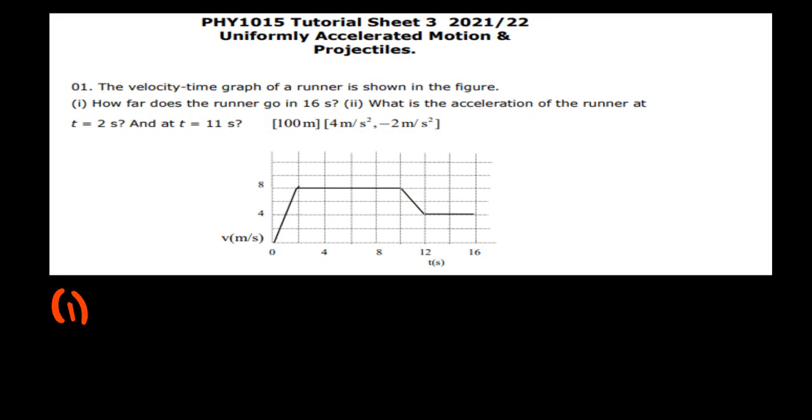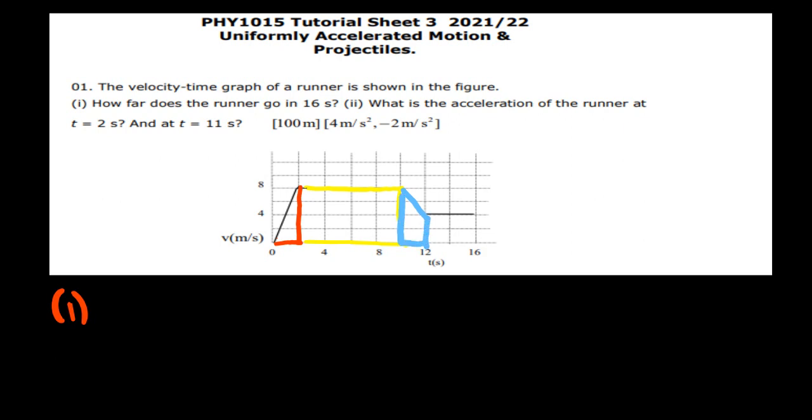So now we've got a lot of shapes here that we can create. The first shape that we can create is this. Now this is a triangle, right? Then another shape that we can create is from there to there to there. Then another shape is a trapezium from here to there.